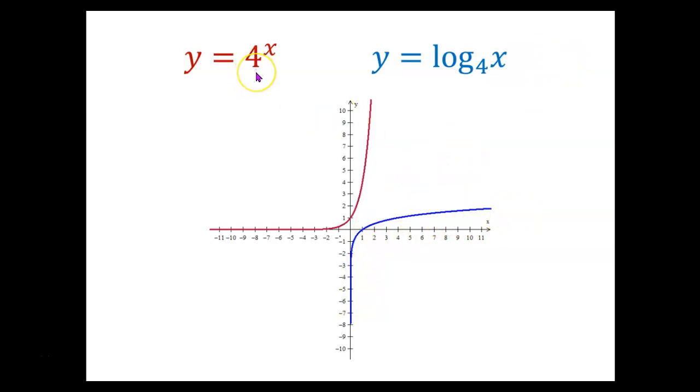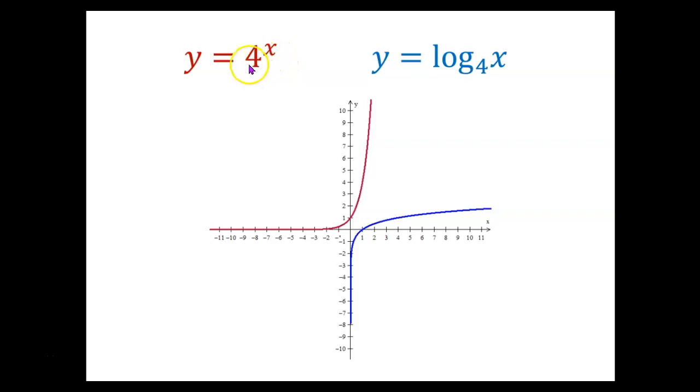So with the red exponential function, you could, for example, plug in 1, and you would get out 4 to the 1 power, which is 4. So when x is 1, y is 4. With its inverse, the logarithmic function, you could plug in 4, and you would get the base 4 logarithm of 4, which would be 1. So when x is 4, y is 1.